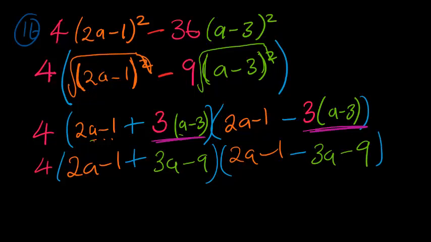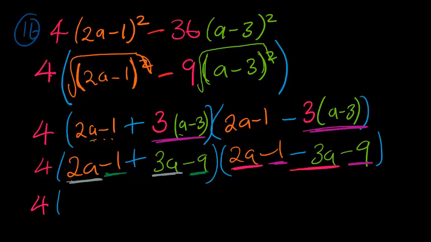Right, now I can do like terms. I know in my first bracket, 2a goes with 3a, and minus 1 goes with minus 9. I know in my second bracket, 2a goes with 3a, and minus 1 goes with minus 9. So this becomes 4.